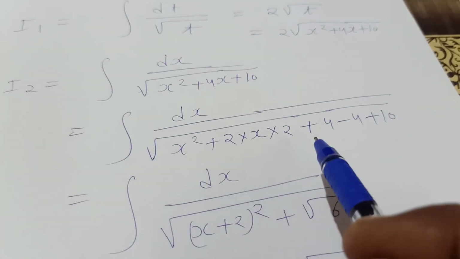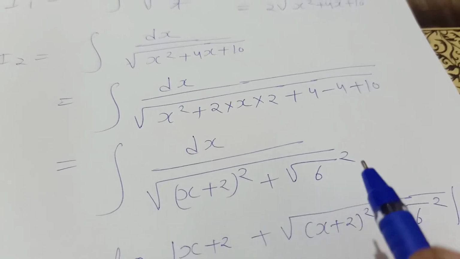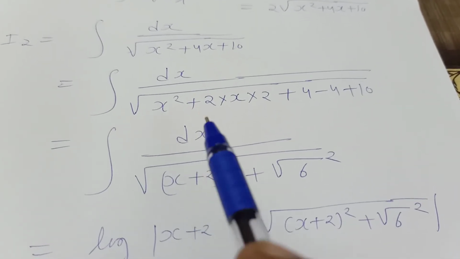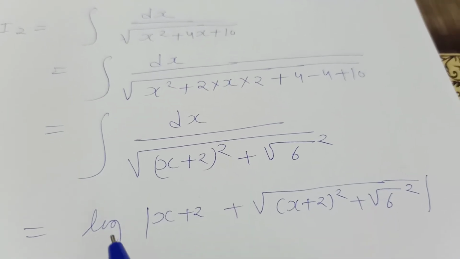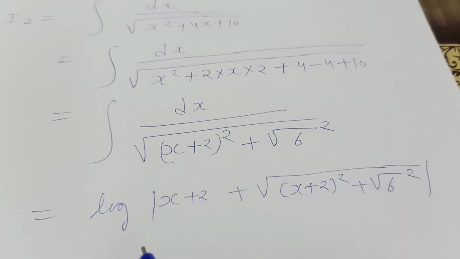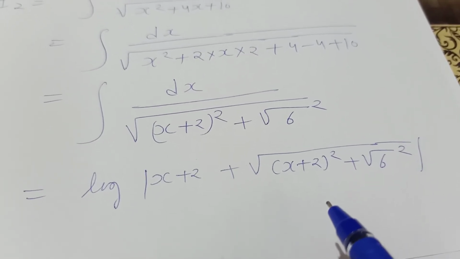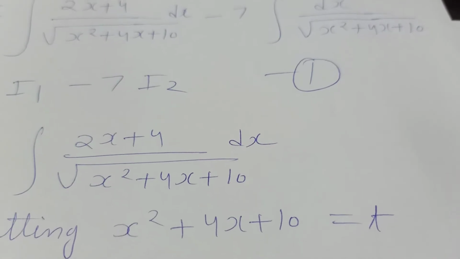So the first three terms will become (x plus 2) whole square, and the other terms will become (root 6) square. Now this is the formula like dx upon root x square plus a square. So we have a direct formula for this, log of x plus root x square plus a square. It comes out to be like this. So this is our I2. If we put the values of I1 and I2 in the first expression, we will get the answer.